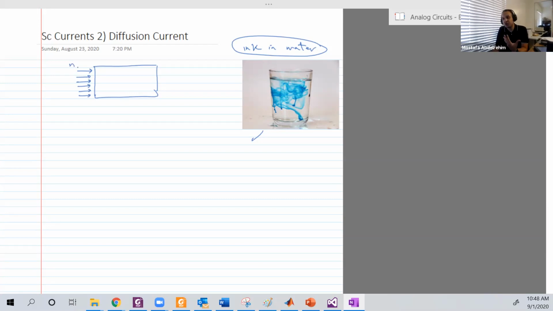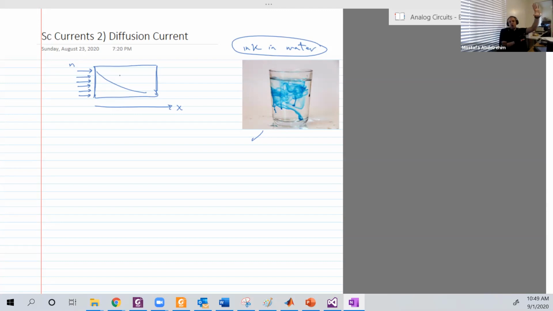If you inject, of course, acceptor atoms from some point, but not the other point, so that the density, if this is the x-axis, the density of the electrons will become, for example, like this. It means that the electron density N here is larger than here. It's not uniform all over the sample.